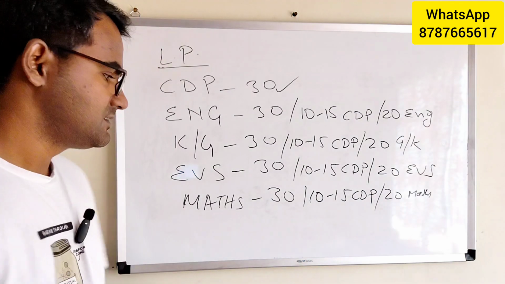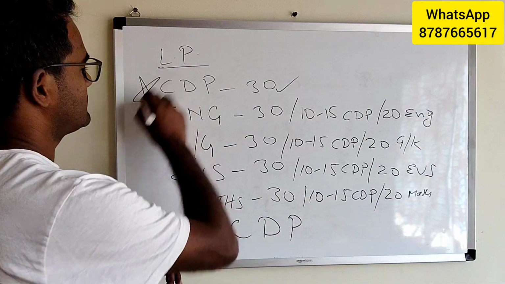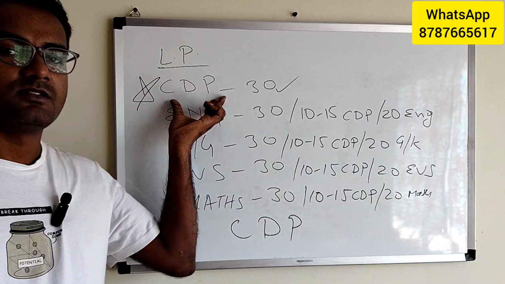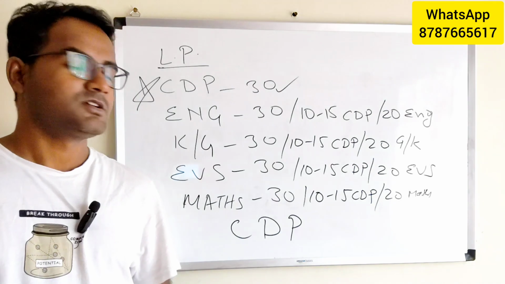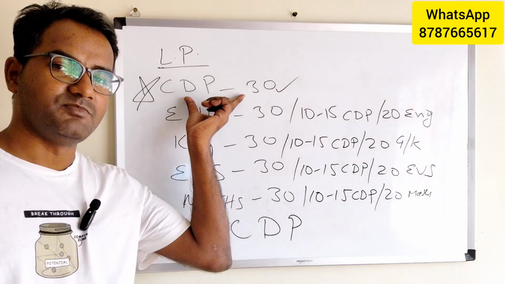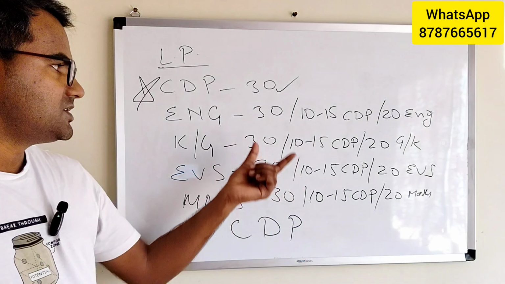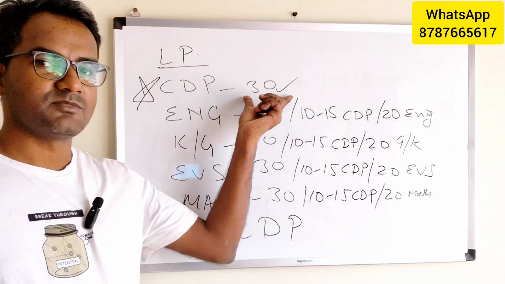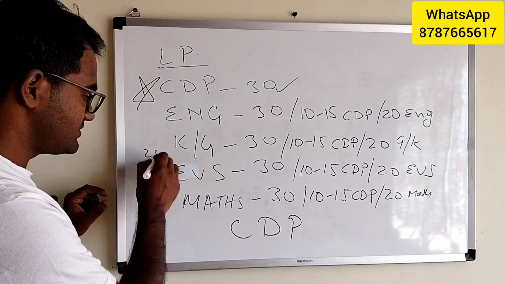So now you see this CDP, the first one, is very, very, very important. Once you are clear with CDP, you can solve everything here. Suppose even if you are not getting 30, suppose you get 25 in CDP, all right?